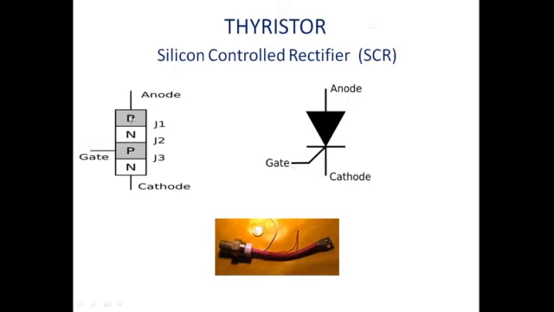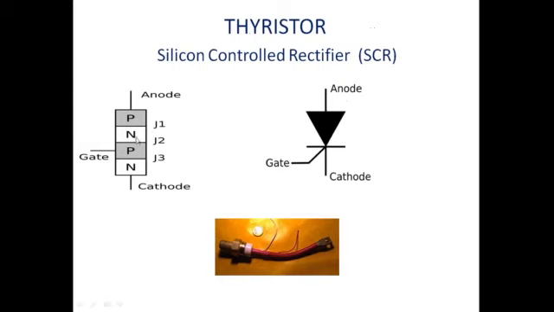Here the silicon is a 4-layer device: p-type material, n-type material, p-type material, n-type material. So there are 4 layers. When you join a p and n-type material, one junction is created.